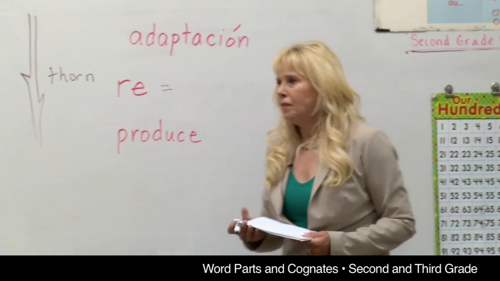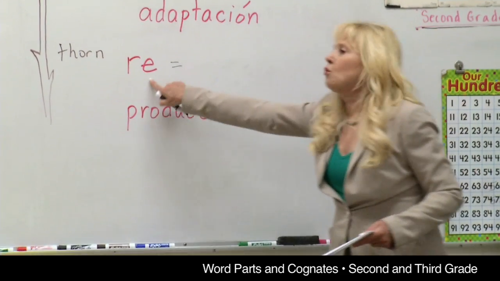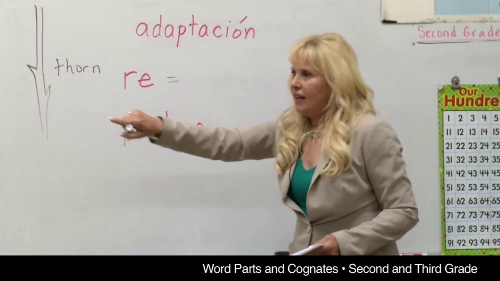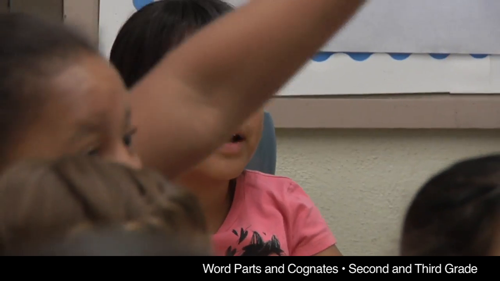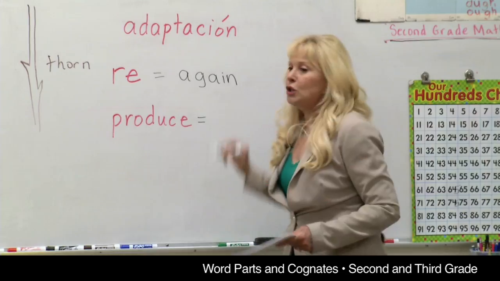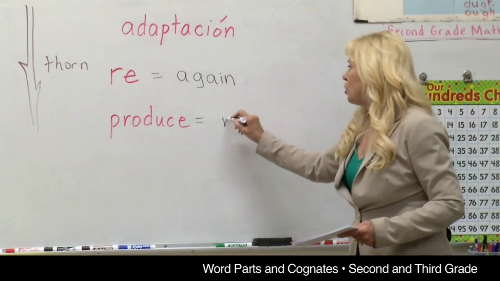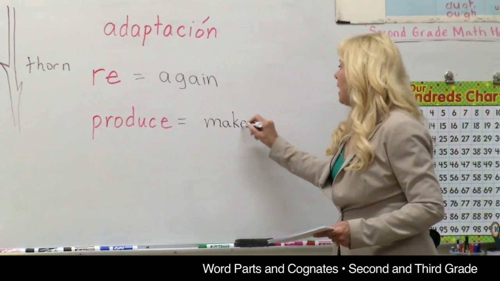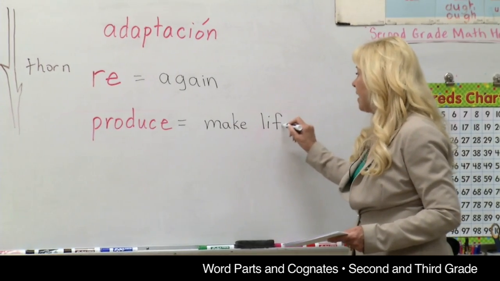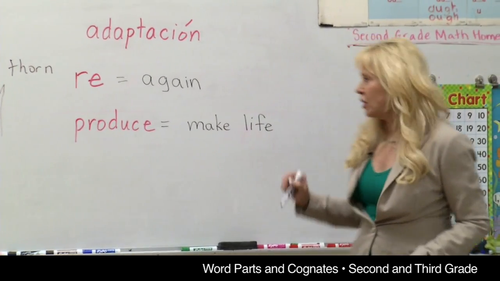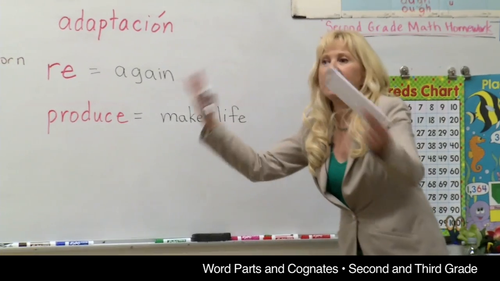What does it mean you do? Open it again. Okay, so what does re mean? Again? Well, just the word again. Right. Okay, now produce means to make young or to make life. Very good. So if you produce something, you're making life.